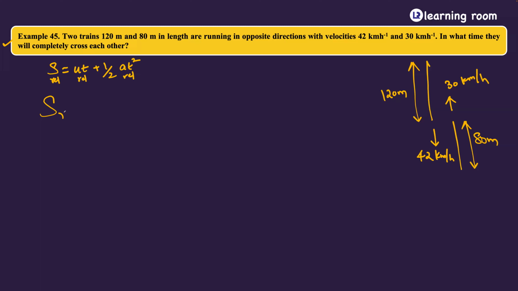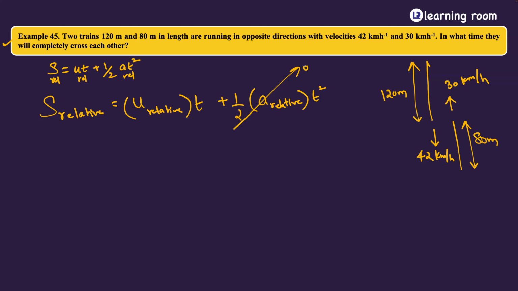So relative displacement is equal to relative initial velocity into time plus half into relative acceleration into time square. Okay. So in this problem, if you observe, the acceleration is 0. They're not accelerating because they've given only the velocities. If it is accelerating, they'll give you. So acceleration is 0.